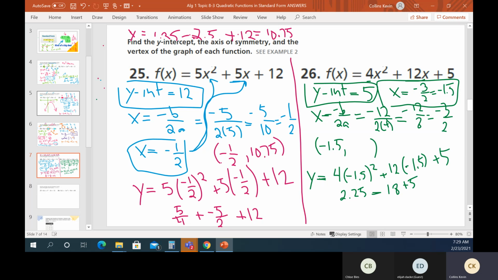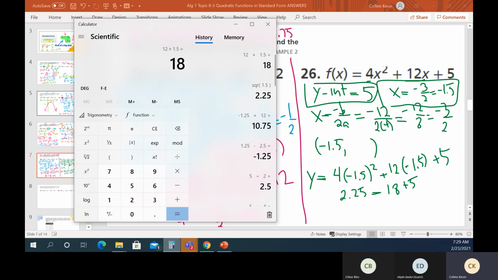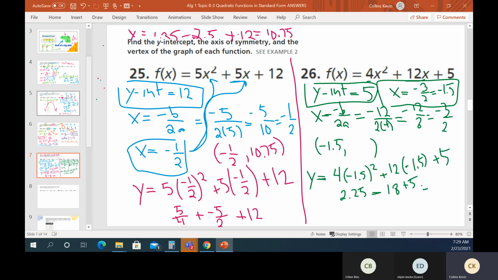So we add everybody together here. So we've got 2.25 and minus 18 and then plus 5. That's negative 10.75. That's interesting. We've got the same number except the negative version, right?